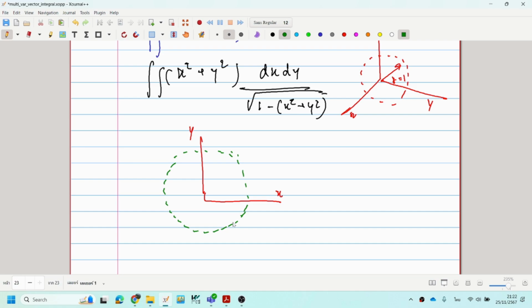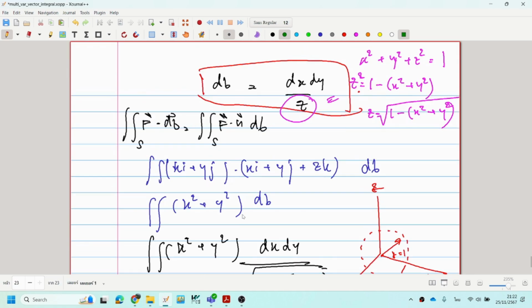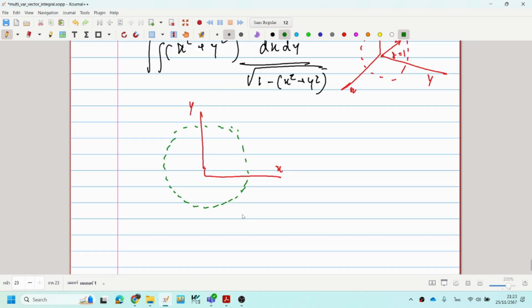Project down to the XY plane, you will get the circle. It's a circle curve on the XY plane. Something like this. I write it below in the equation like this.